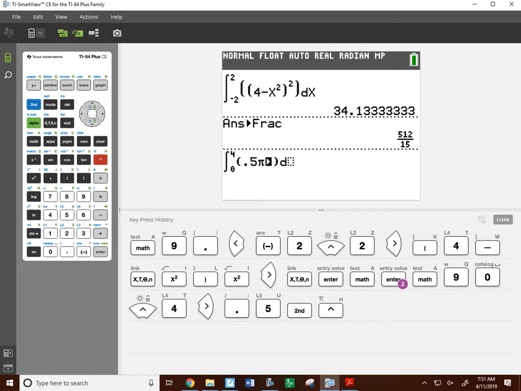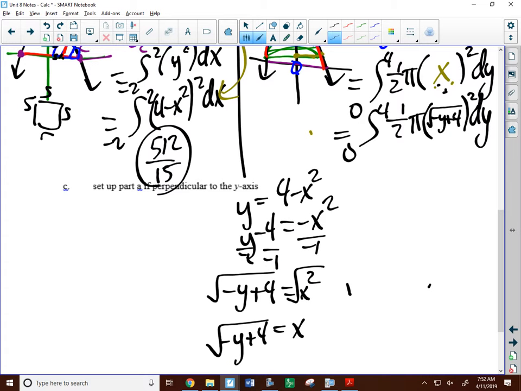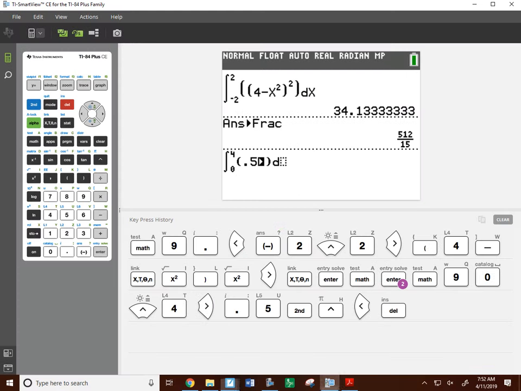Actually, here. Yeah, that's right. I generally leave pi out, so I leave my final answer in terms of pi. Since the coefficient will not affect the actual integral, I can just pull the pi out. So I enter everything but the pi: the 1/2, 0.5, and then the square root of negative y plus 4.